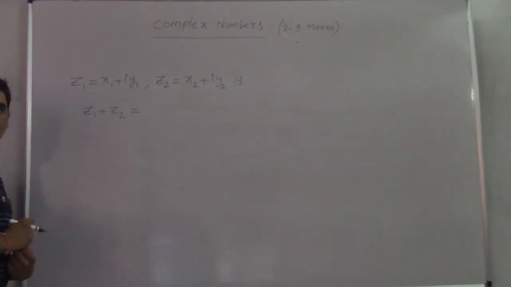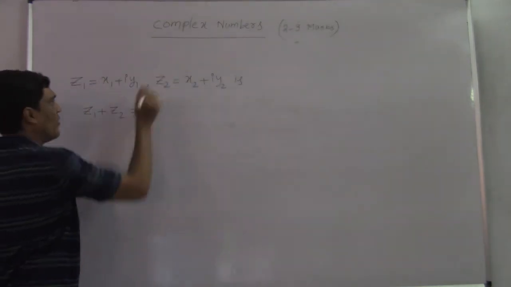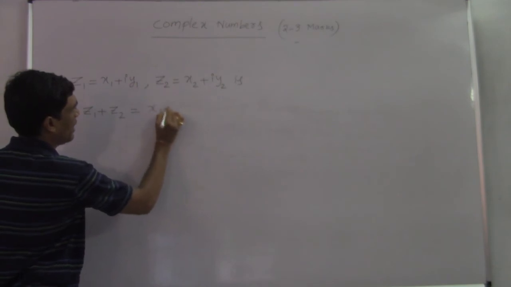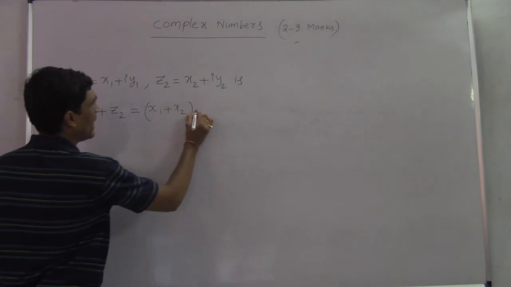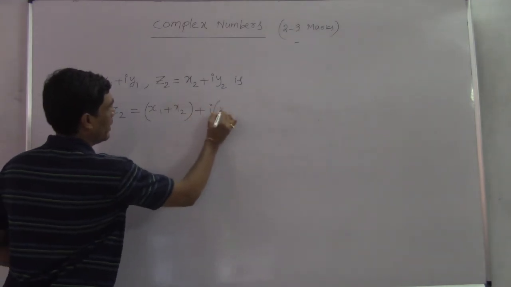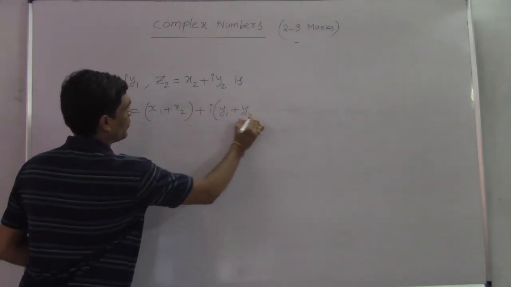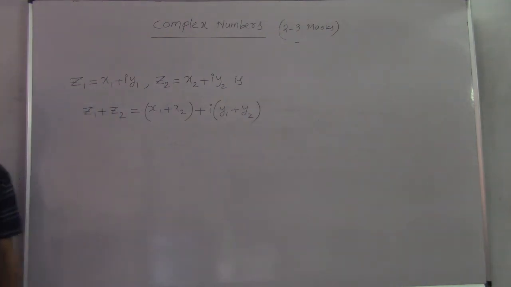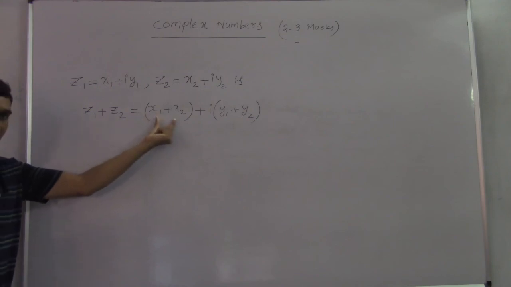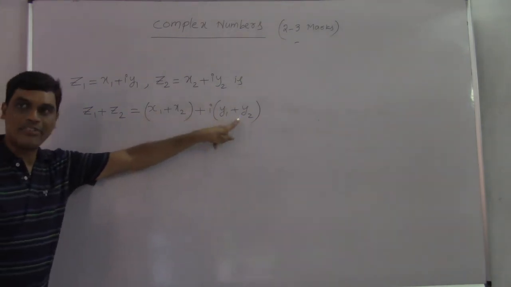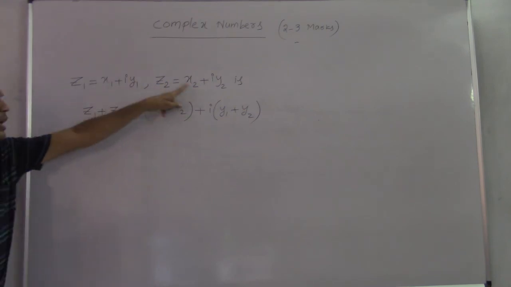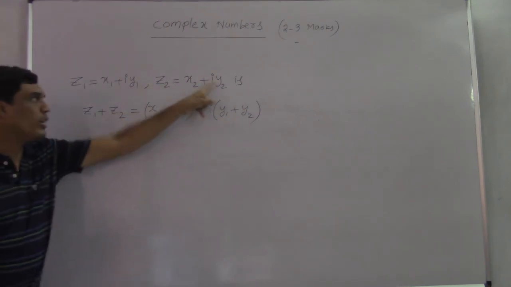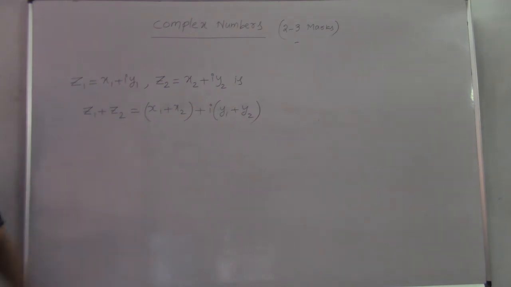Addition of two complex numbers means we first add the real parts, x1 plus x2. Next, in these two we take i common, then y1 plus y2. Addition of two or three complex numbers is adding the real parts plus i into adding the imaginary parts. Don't mix them. X1, x2 are real parts. Y1, y2 are imaginary parts.